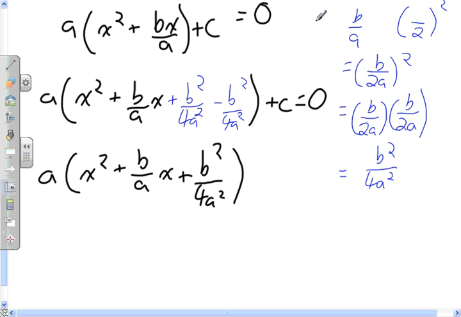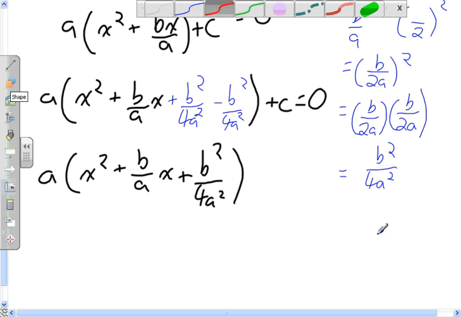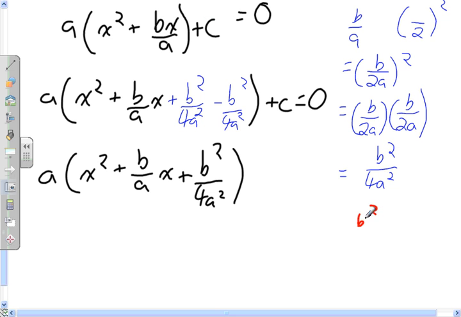Now, when I take that to the outside, I'm going to just quickly show you this in red. When I take negative b squared over 4a squared, times a, I'm left with negative a b squared over 4a squared.